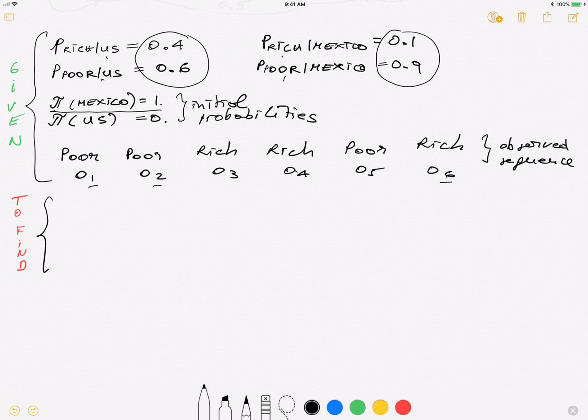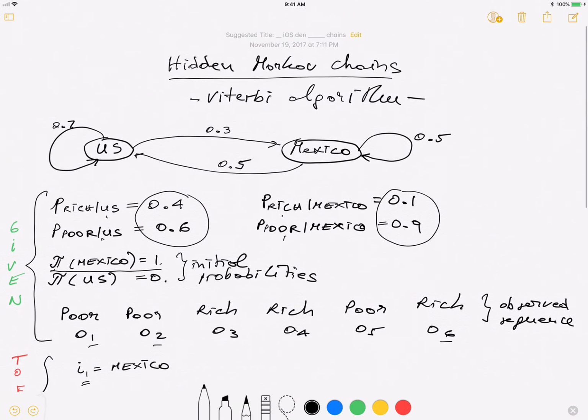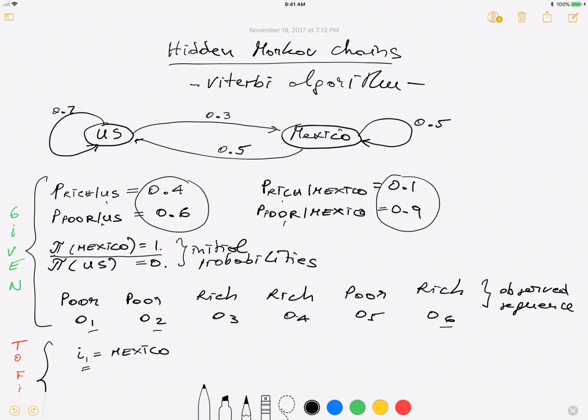So at time 1, the family was in this state.